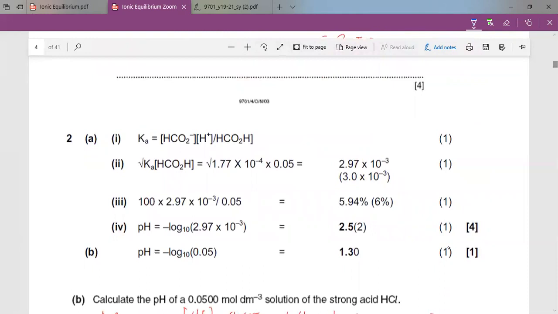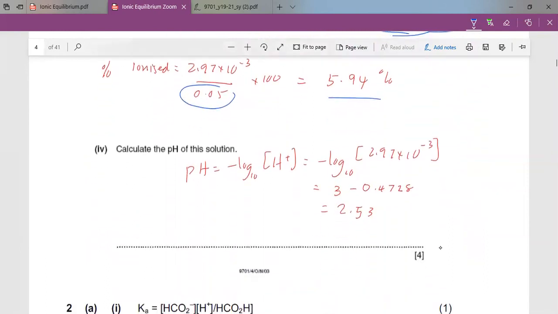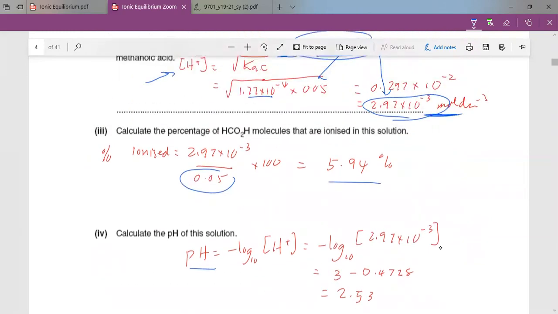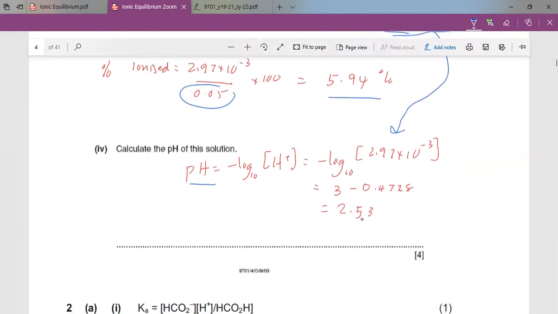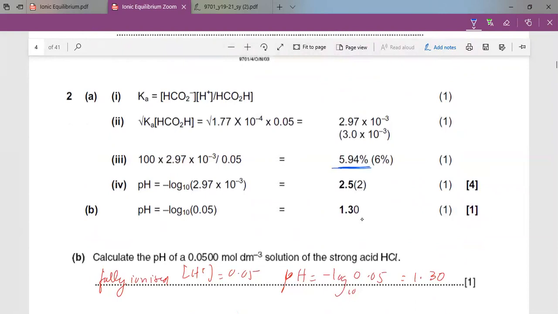Okay. So pH, of course, calculate the pH of the solution, easy. Equation, just put your concentration of H plus inside here and you solve. 2.53. You better know your maths.